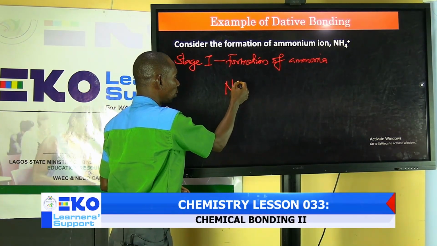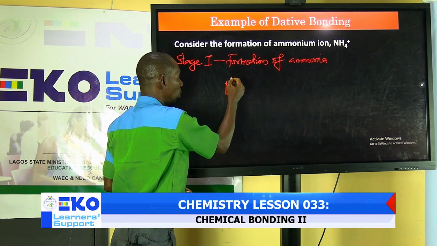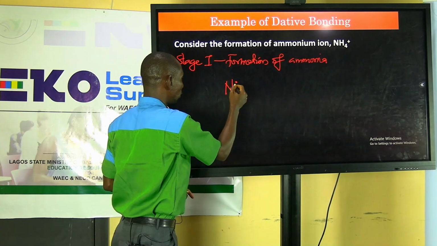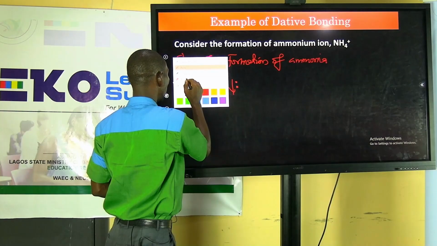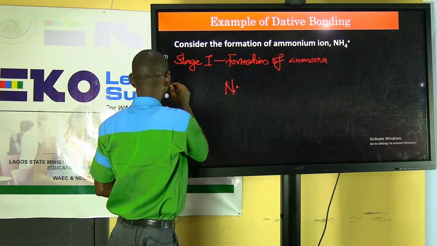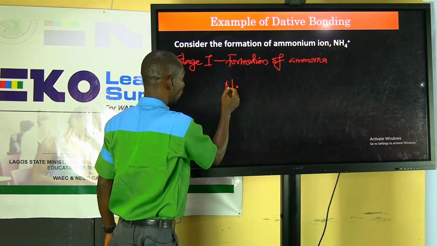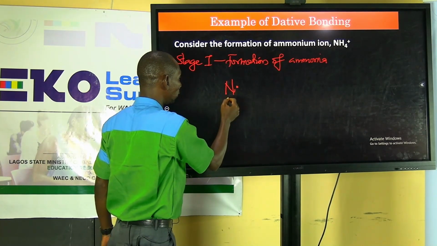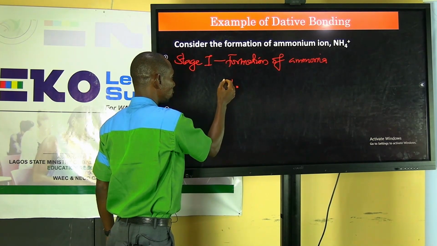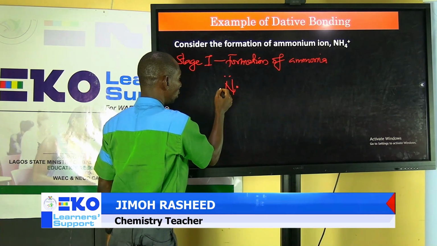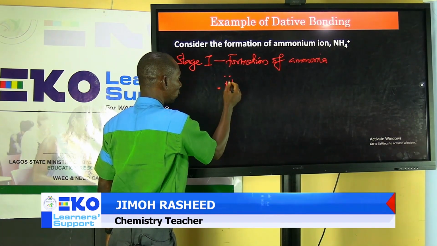Nitrogen is the central atom in ammonia. Let me indicate the electrons better. Nitrogen has atomic number 7, so there are 5 valence electrons around it: 1, 2, 3, 4, and 5.